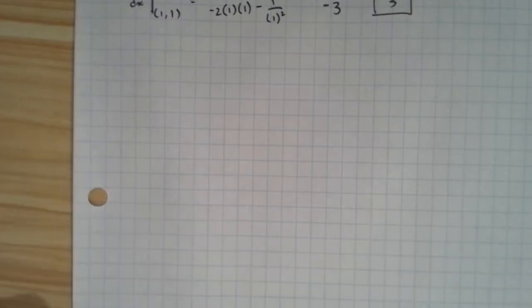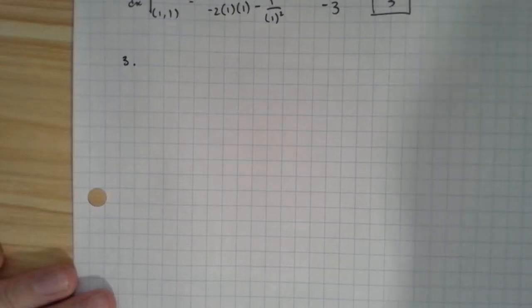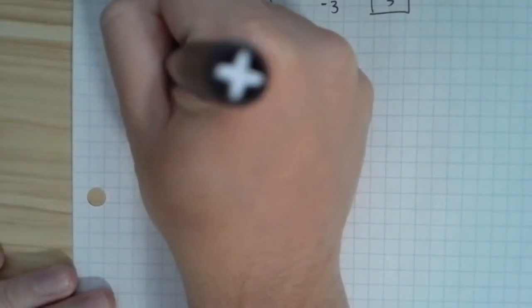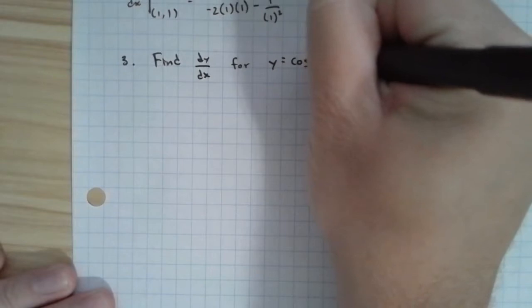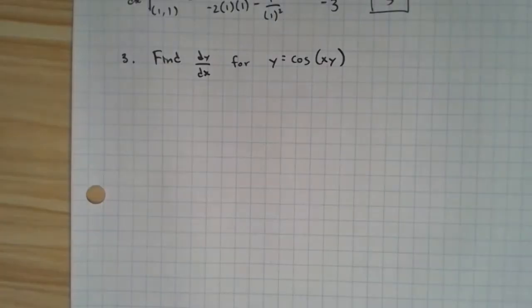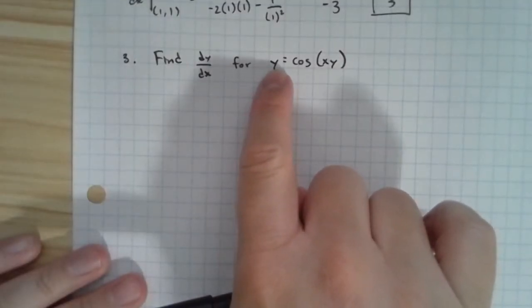Okay, next one, let's take a trig function. So find dy dx for y is equal to cosine xy. If I differentiate both sides here, then the derivative of y, right, is 1.